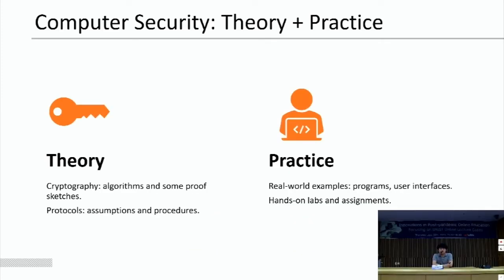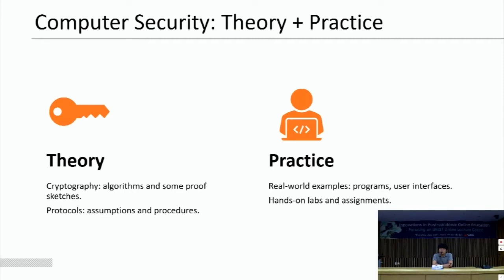So, as mentioned, the computer science courses are typically composed of theory-oriented courses and practice-oriented courses. And coincidentally, the course that I taught last semester, which is computer security, is composed of a theory part and a practice part.